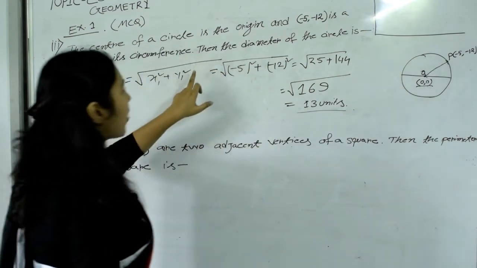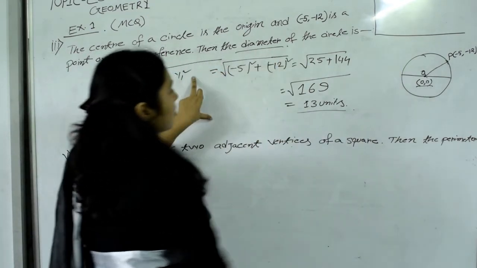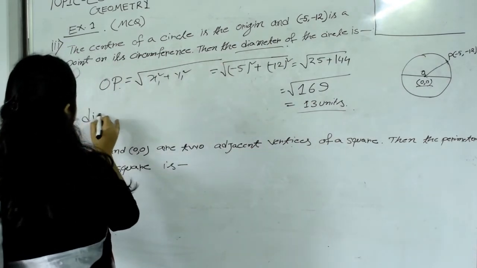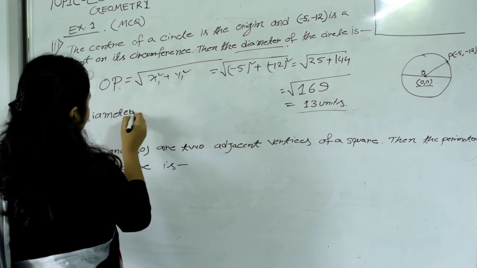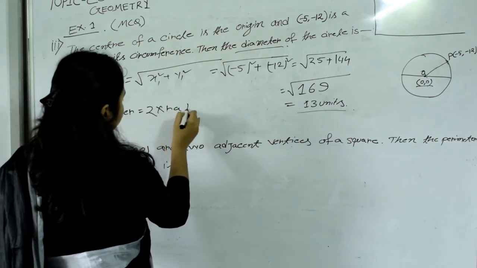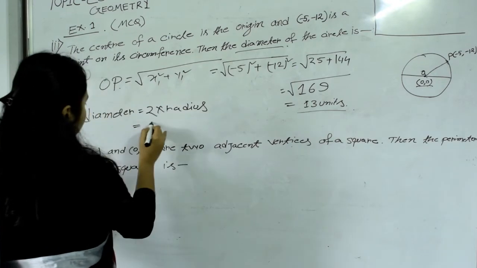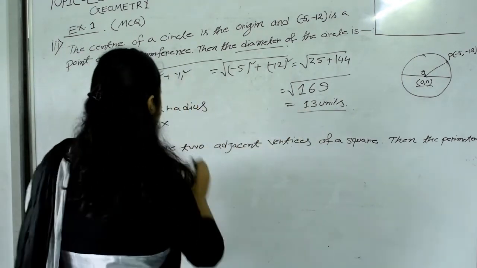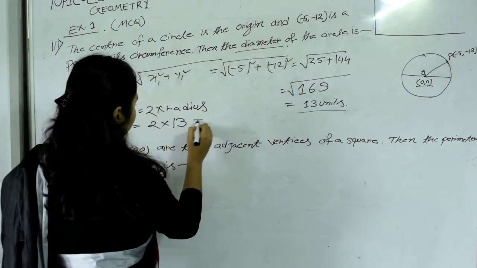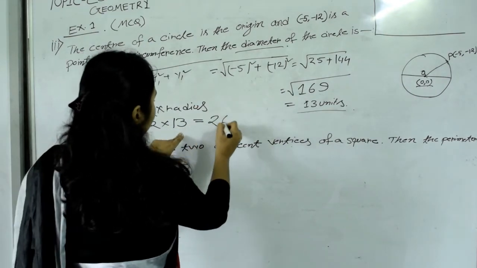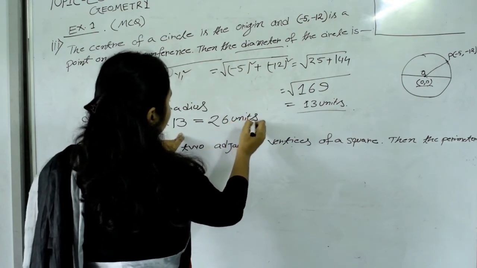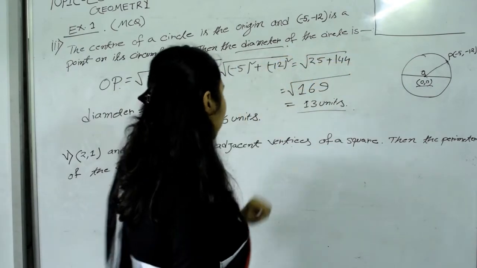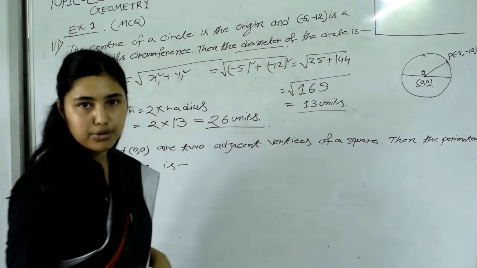We have to find the length of the diameter. We know that diameter is equal to 2 into radius. Now put the value of radius, which is 13 units. So 2 into 13 is equal to 26 units. So our answer is the diameter of the circle is 26 units.